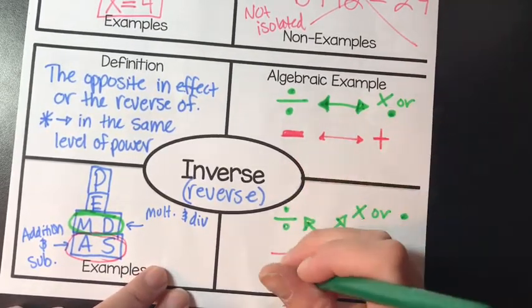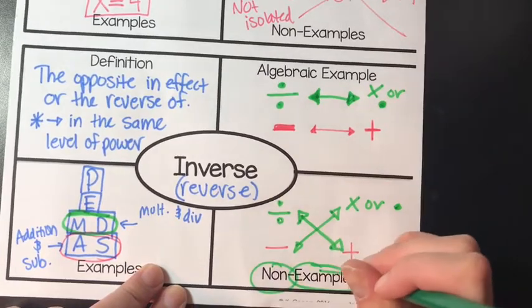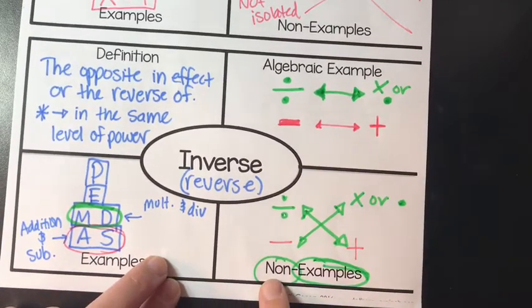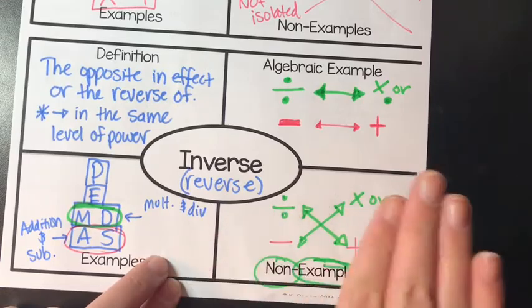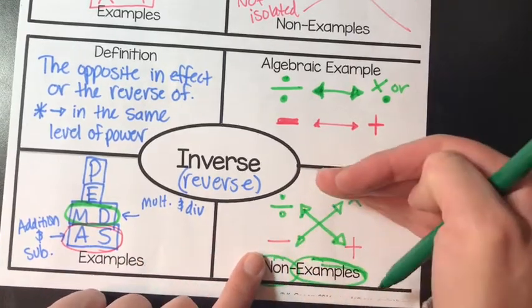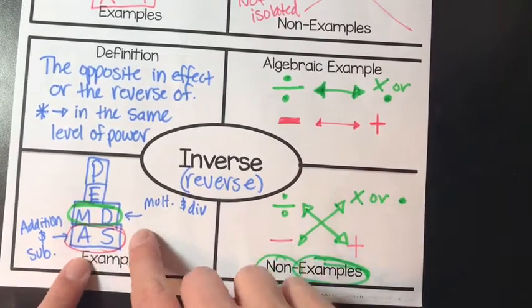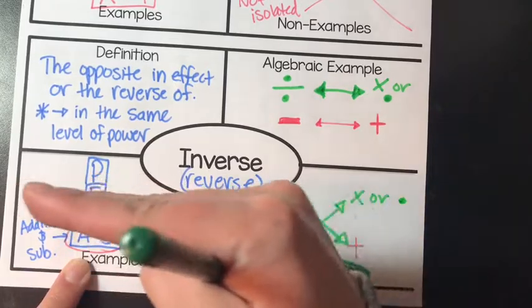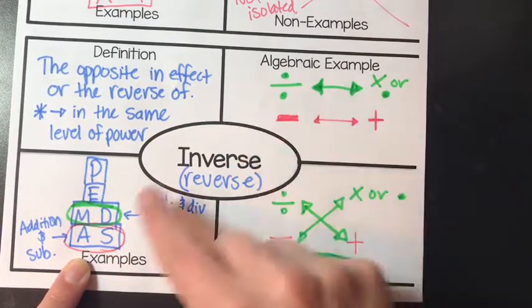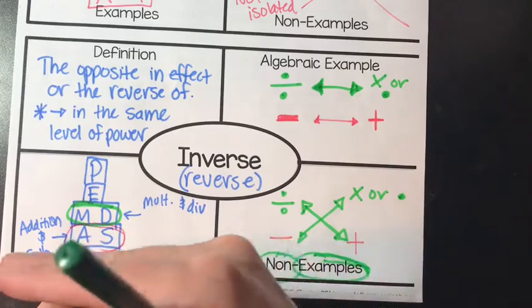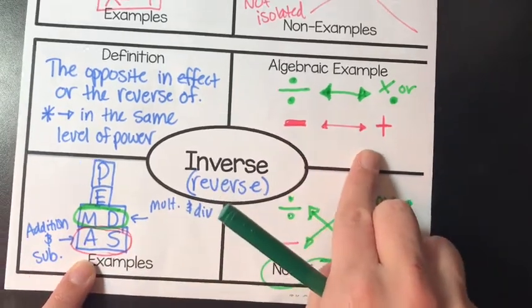These are non-examples. Sorry. These crisscrossing are not the opposite of each other because they're at different levels of power, like I showed on PEMDAS. Multiplication and division, same level of power, they are each other's opposites. Addition and subtraction, same level of power, each other's opposites.